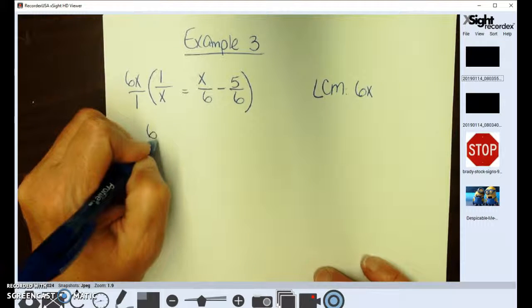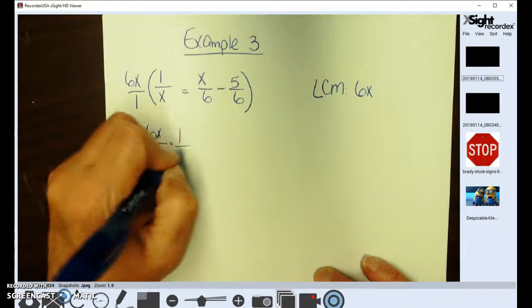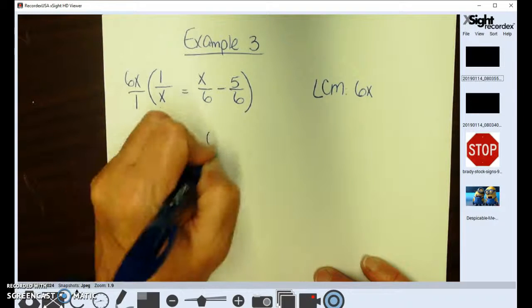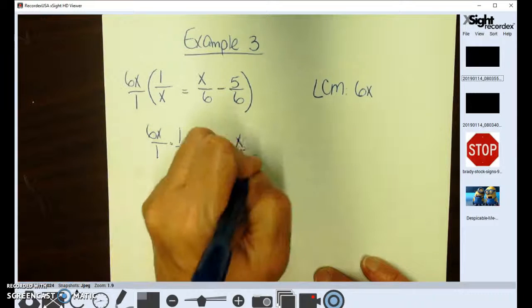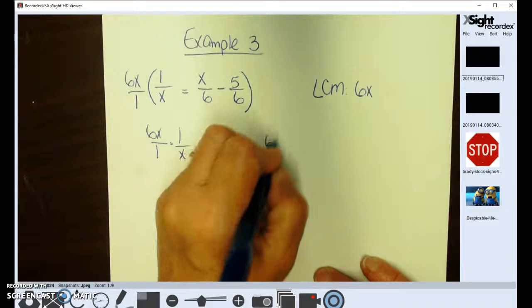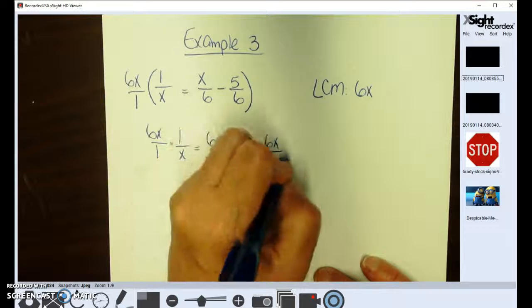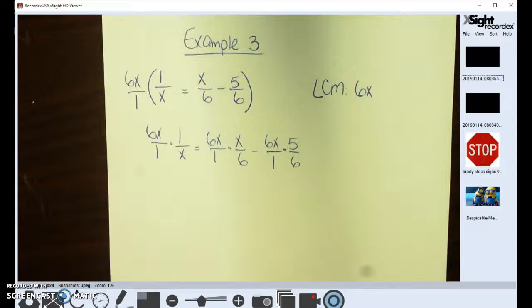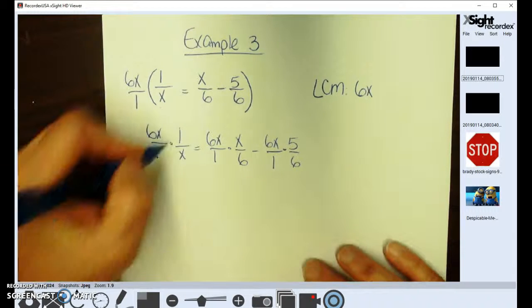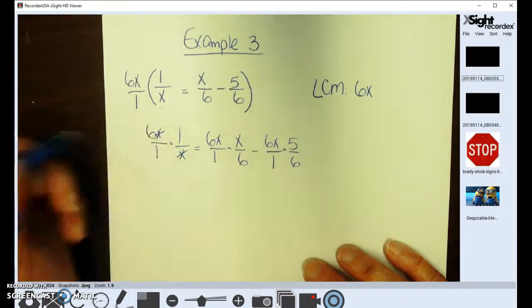So I have 6x over 1 times 1 over x equals 6x over 1 times x over 6 minus 6x over 1 times 5 over 6. So I go through and I cancel. This x is going to cancel that x.